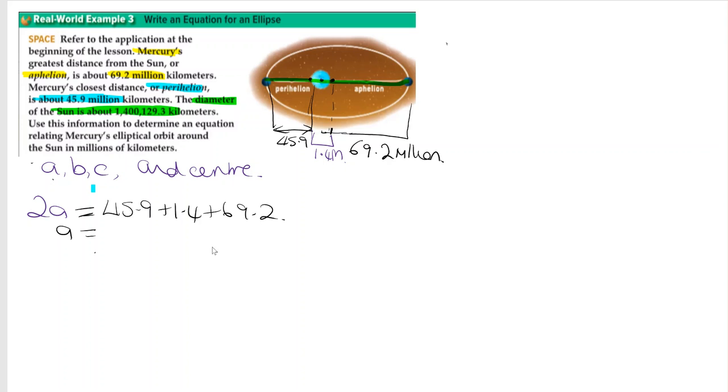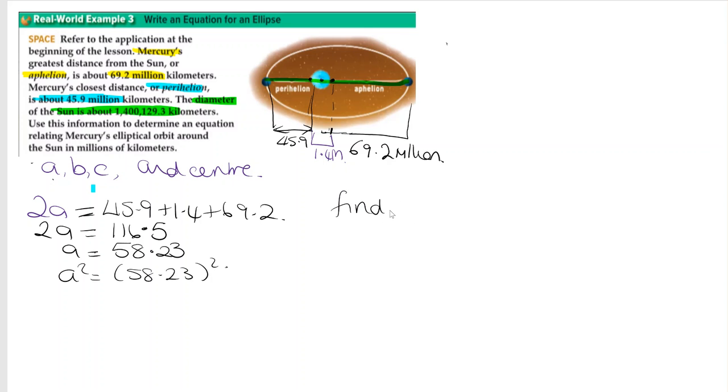This is going to give us 116.5. So A, we can divide this by 2, and this is going to be 58.23. So A squared will be 58.23 squared.